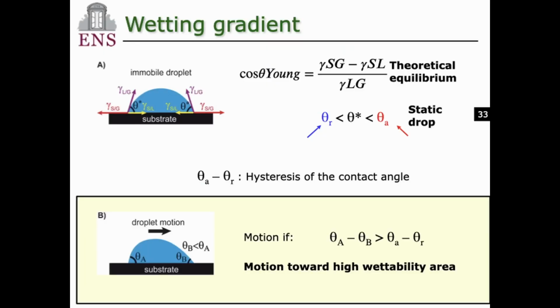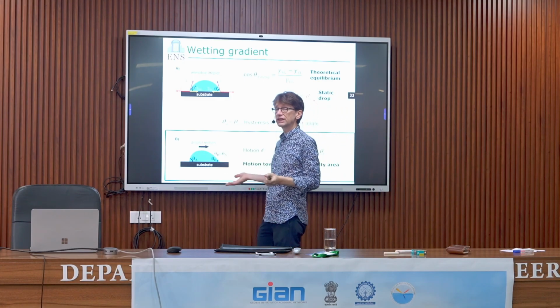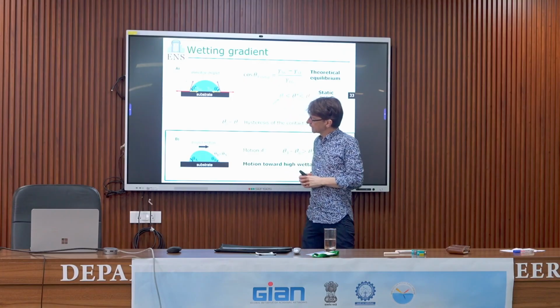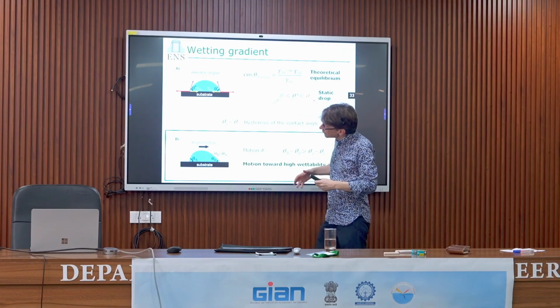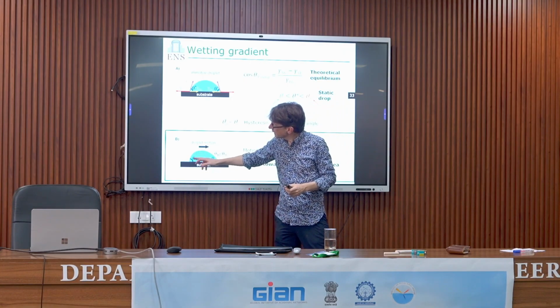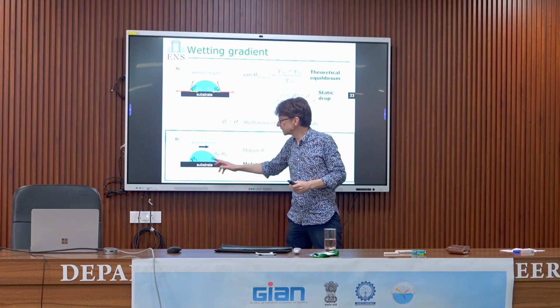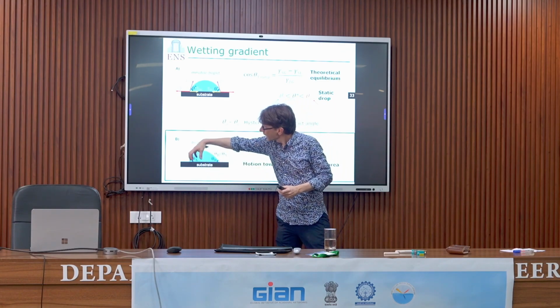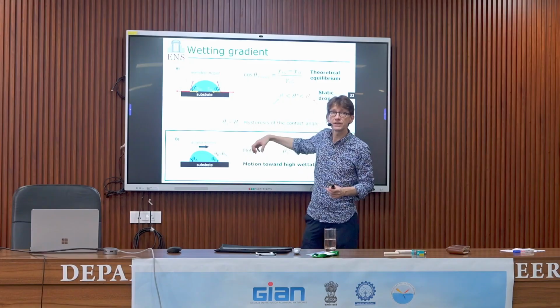And now, what is interesting is to consider a situation where you have a gradient of contact angle in a droplet. If you have a gradient, you see that here my Laplace pressure is higher than here. So then I should have a flow in this direction.